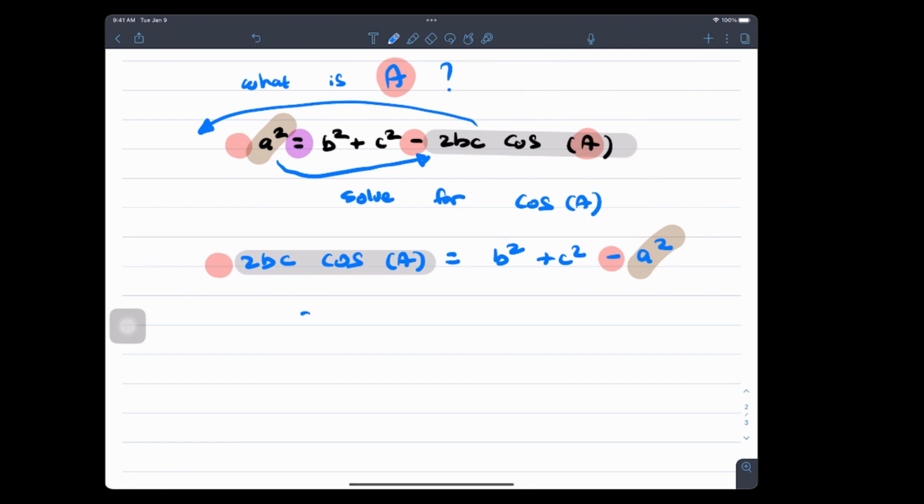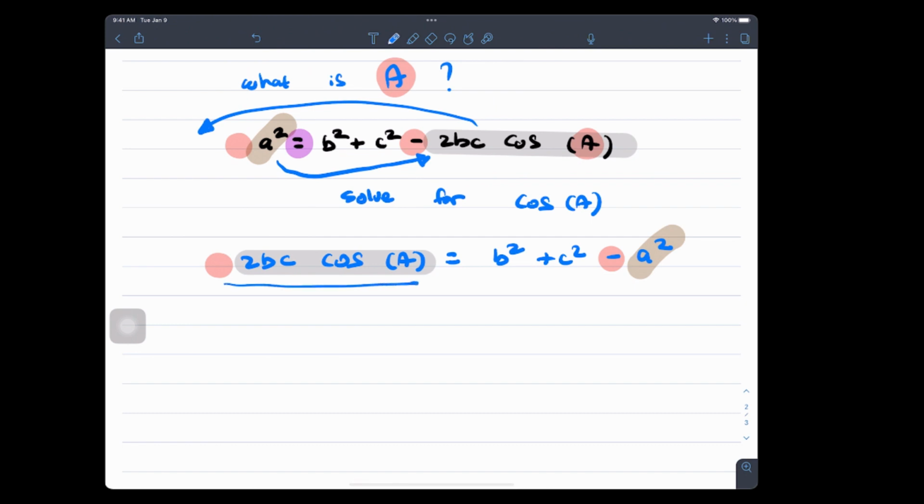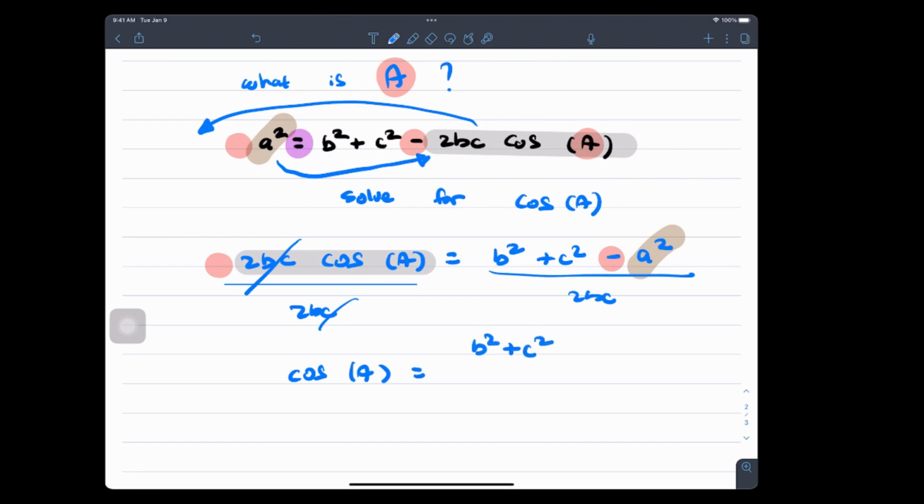So now I can solve for cosine A. What's cosine A? Right? Divide both sides now by the 2bc. Just using algebra. And then what happens here? Cosine A becomes what? B squared plus c squared minus a squared, everything over 2bc.